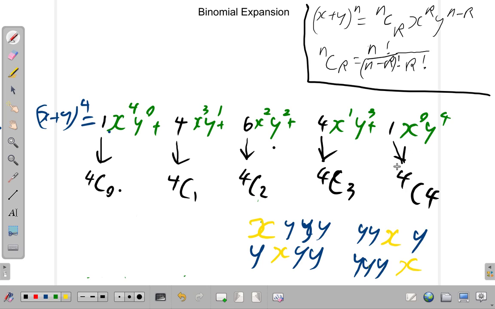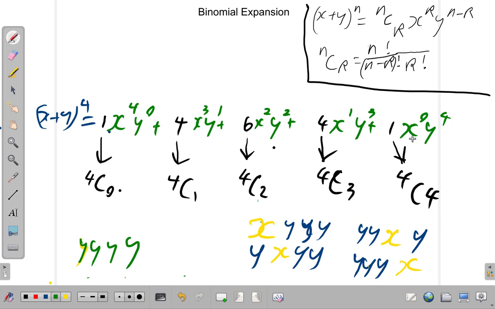Now, 4c4. If we have only 4 y's, we can only put y. So we have 1 way to arrange 4 y's. Alright?